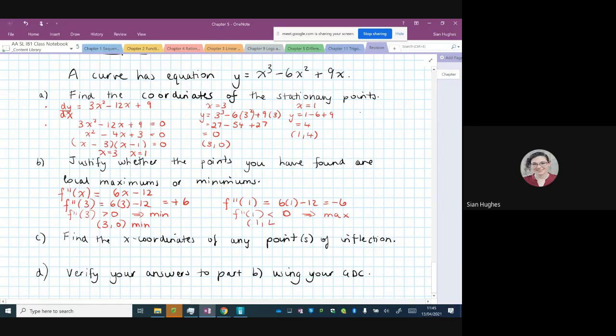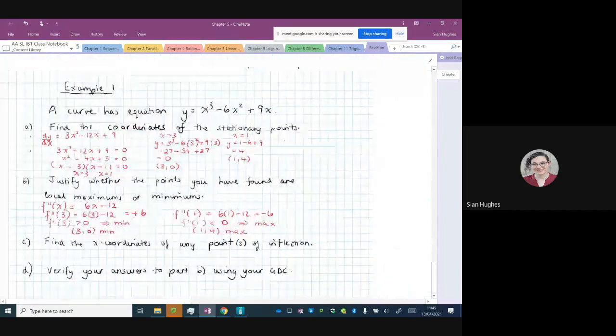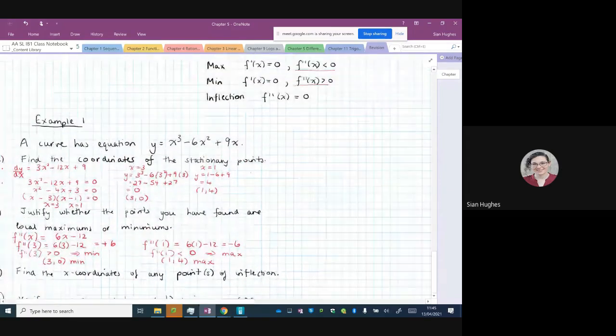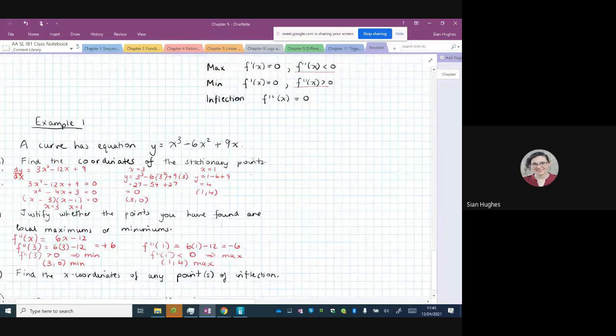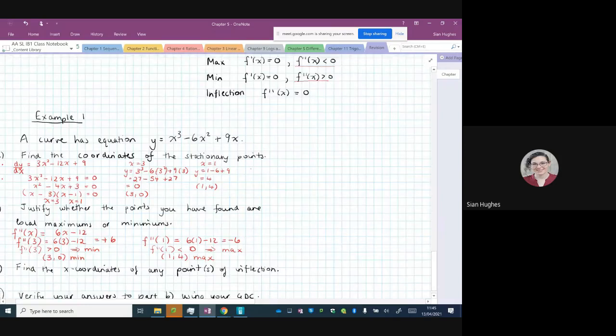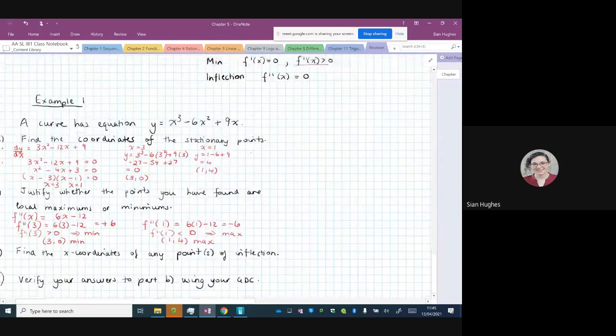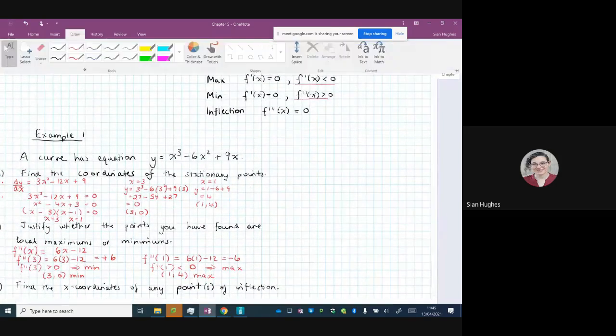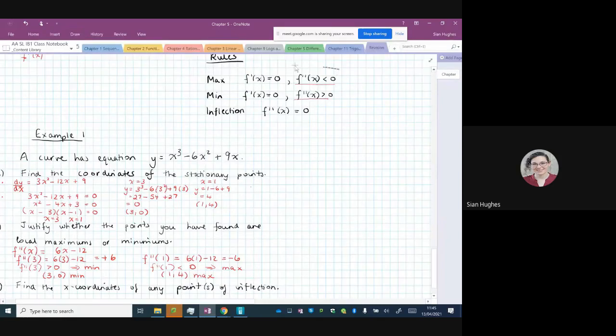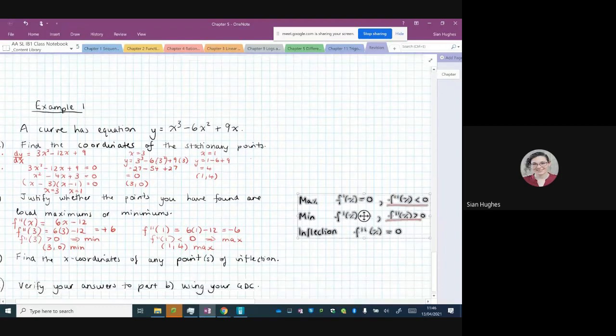So our coordinate of (1, 4) is a maximum. So we saw up there, if the second derivative is negative, maximum. If it's positive, minimum. Actually, let's take hold of these ones and just move them down to the side here, make it a bit easier to refer to them.